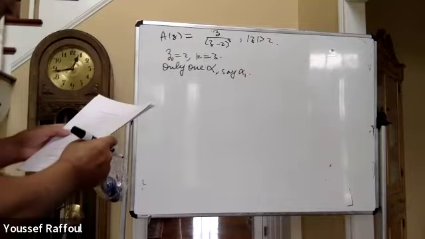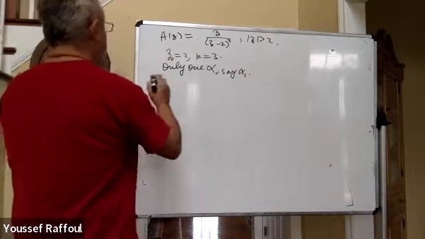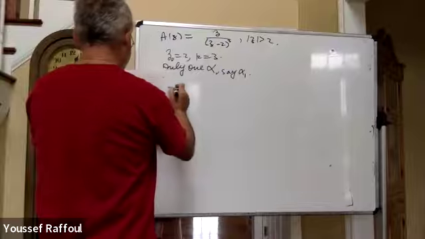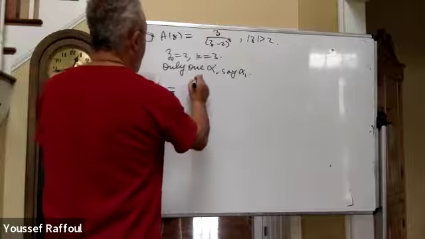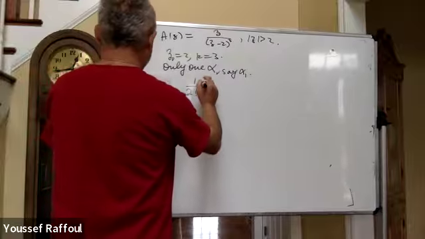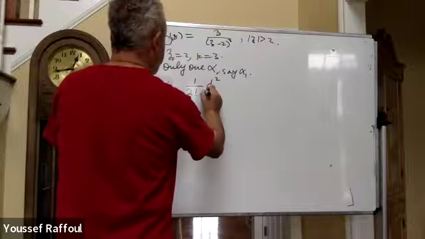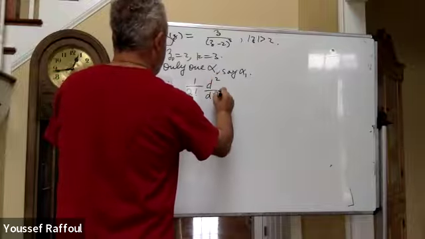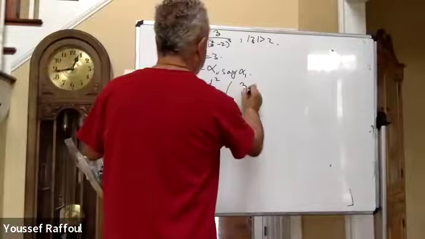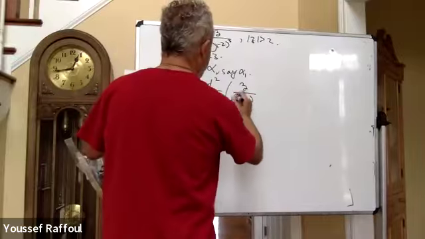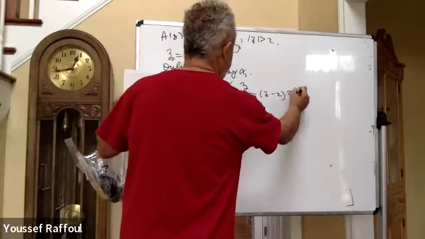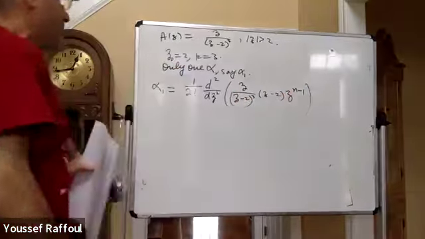All right, so we're going to do alpha 1 is 1 over 2 factorial, the second derivative of z over (z minus 2) cubed times (z minus 2) cubed, z^(n-1). See what happened here?